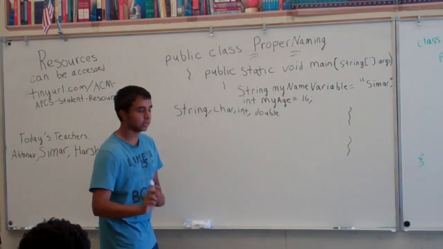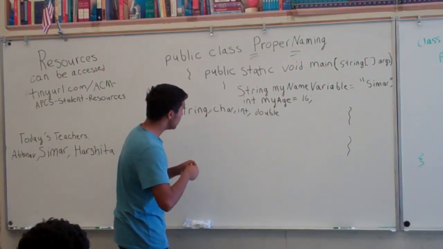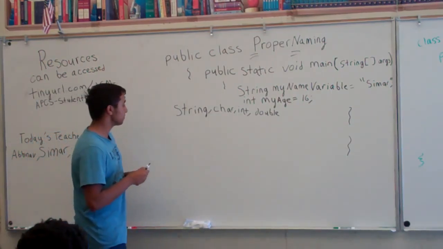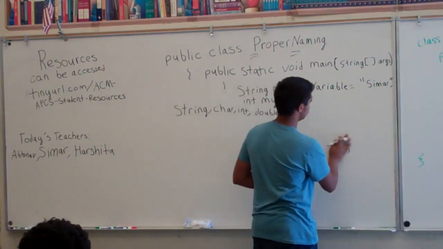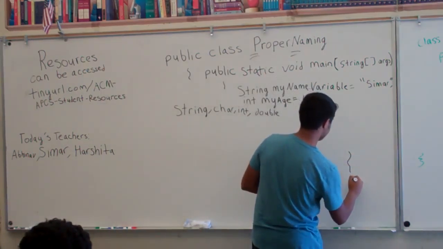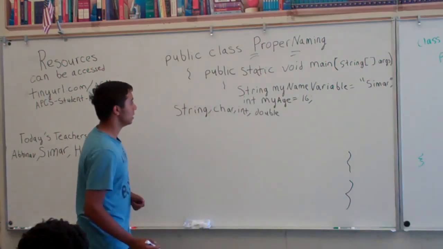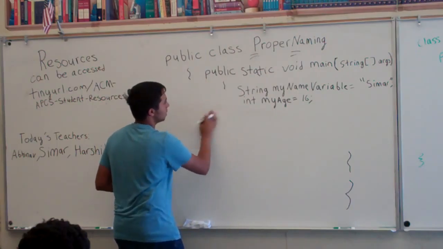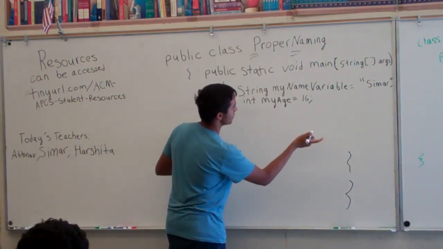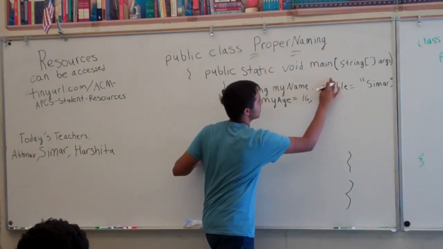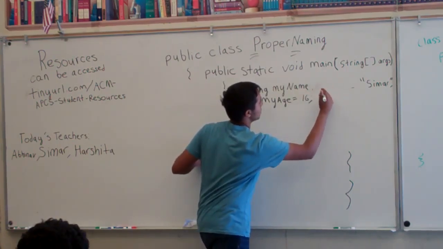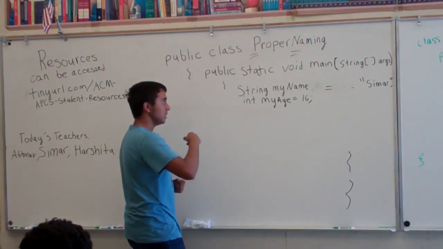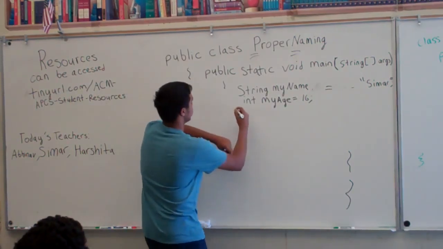Okay, now I'll move on just for a little. So this is how you embed a string in a line of code, right? So in a System.out, let me increase the size here. So let's say my name variable is this, and my age is 16.